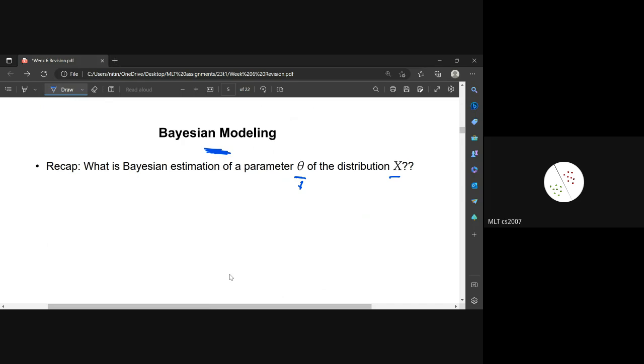Let's assume capital Theta is the prior, and we collect some observations, some samples, and we find the likelihood of that sample. Using that likelihood and prior knowledge, we update our prior and find the posterior, and update our belief about theta. That's how it goes in the Bayesian model, right?